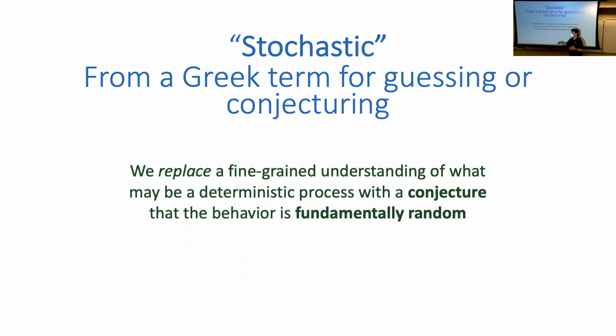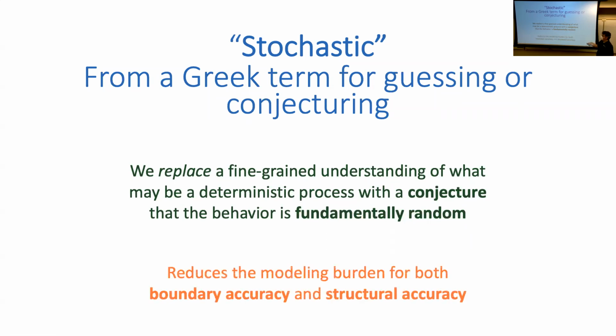So I model how many people show up at a restaurant in the food court randomly, as if it was just drawn from a distribution, as if there was no deterministic reason for it. That replaces a fine-grained understanding of a system with a guess that the behavior is fundamentally random, without caring about whether it actually is. You end up getting the same sort of model without having to add all the details.